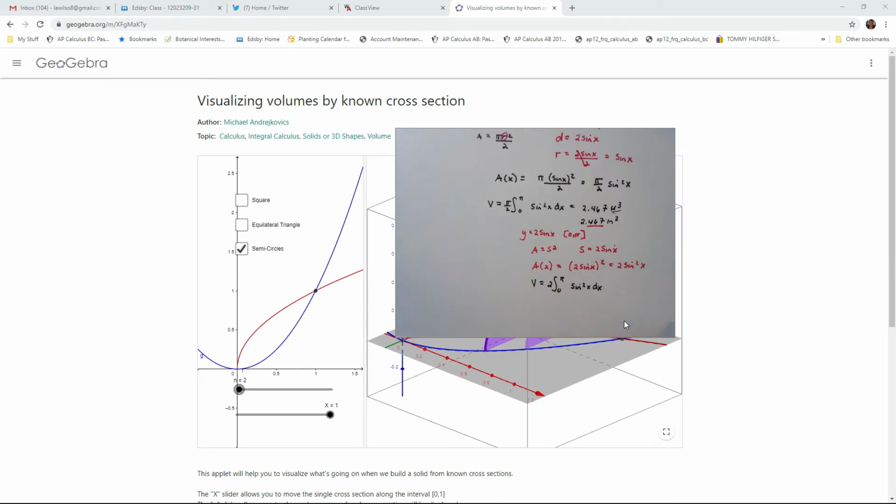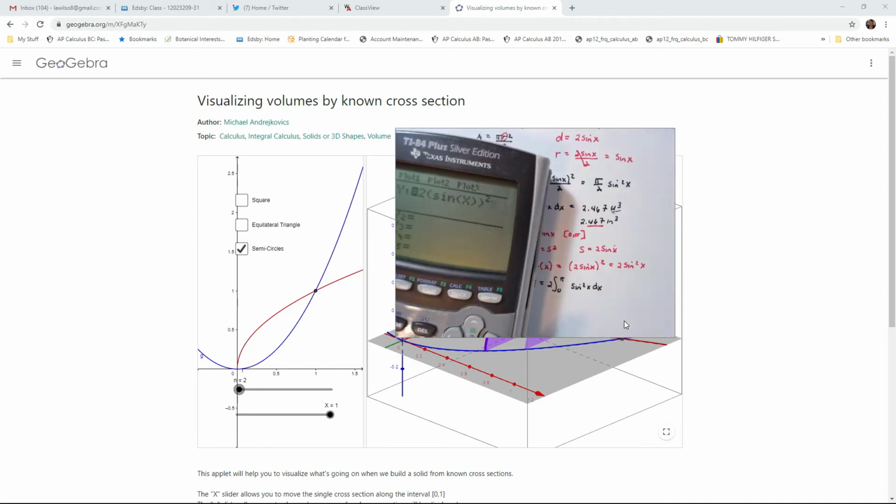What I did before on this is I pulled a pi out here. There's no pi in the area of a square. So anyway, again, I'm going to do 2 times the sine of x squared. So in my calculator, I'm going to hit the graph key, and do second calc 7 from 0 enter to pi enter.